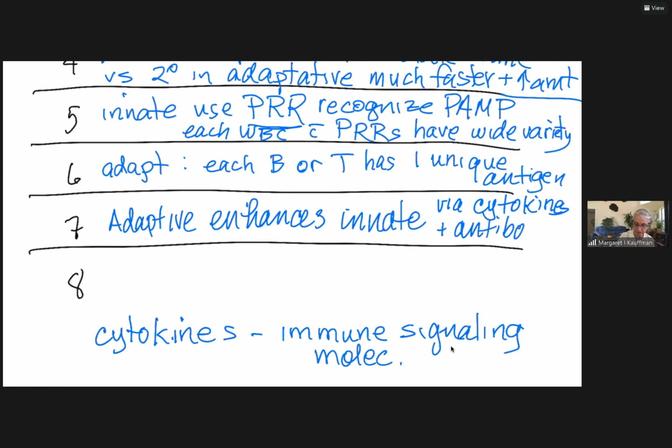Again, more on that later. On the other hand, the innate is almost always required before you can get an adaptive response. So the adaptive also depends on the innate almost always. There are some rare exceptions, in order for it to be triggered.